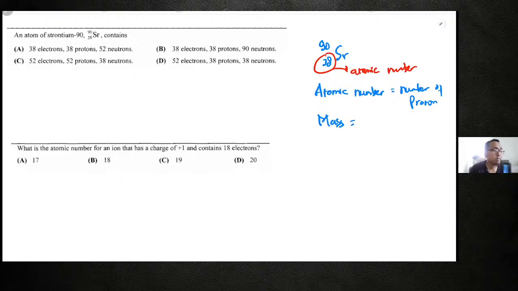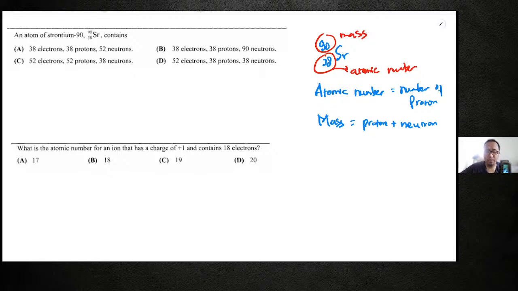Remember, mass is proton plus neutron. As you can see right here, these represent the mass of the atom.